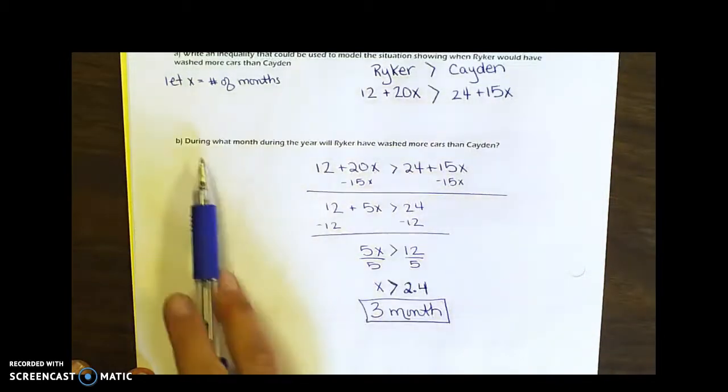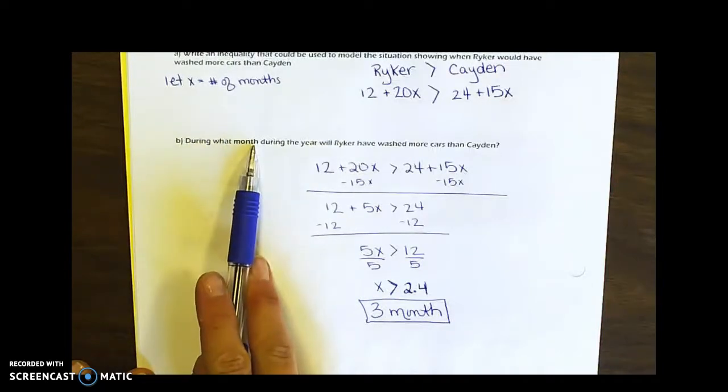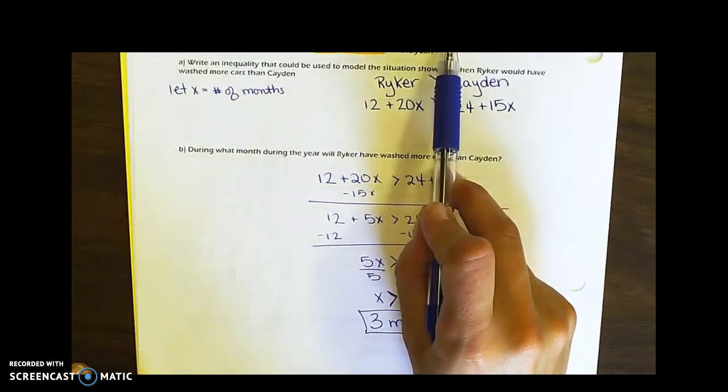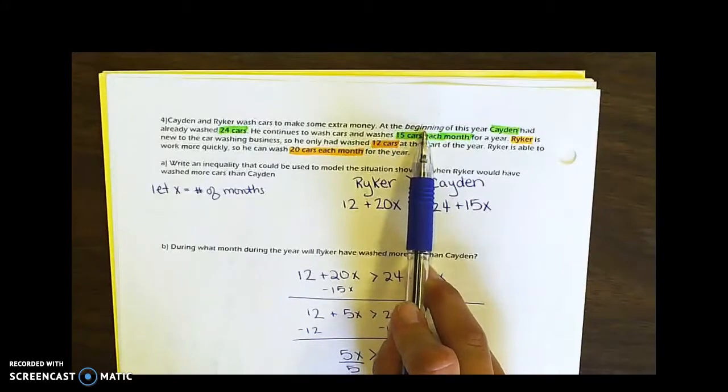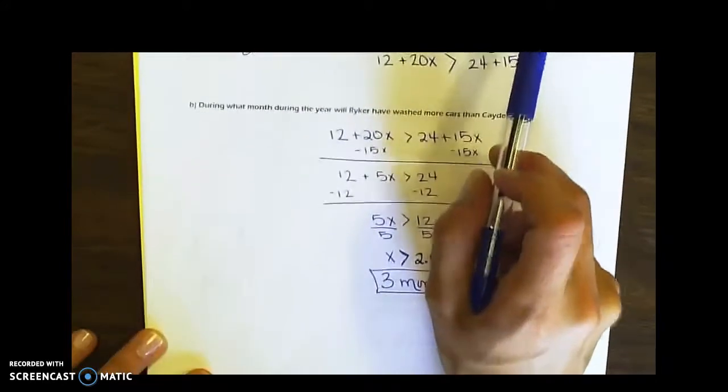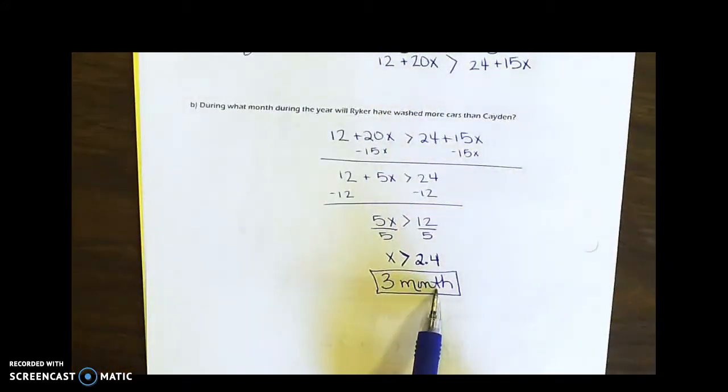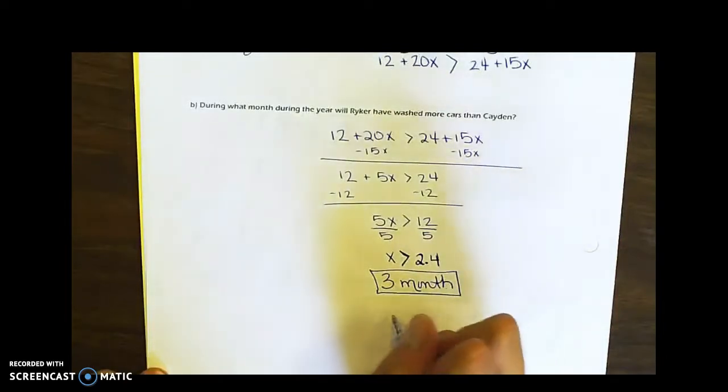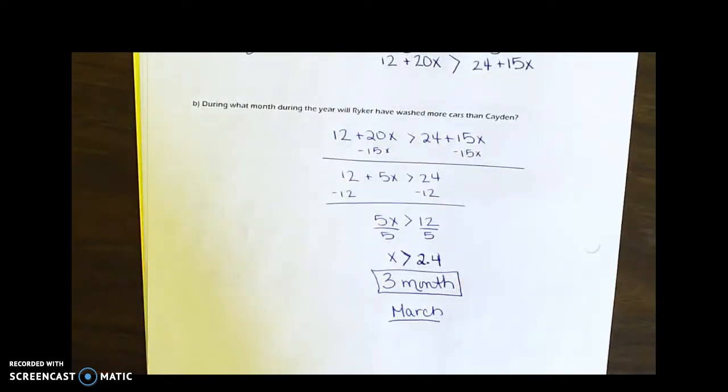Now let's go back. It says during what month? Here it says they started at the beginning of this year. So let's think, what's the third month going to be? You got it. It's March.